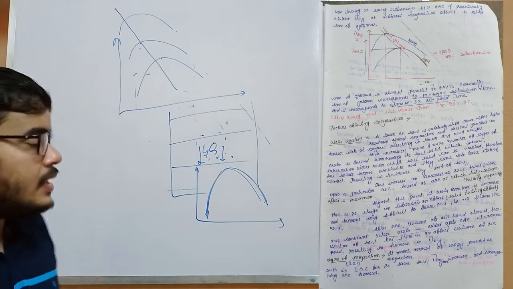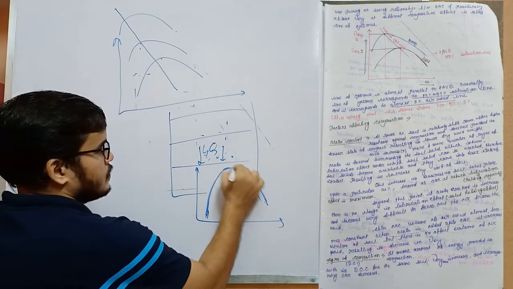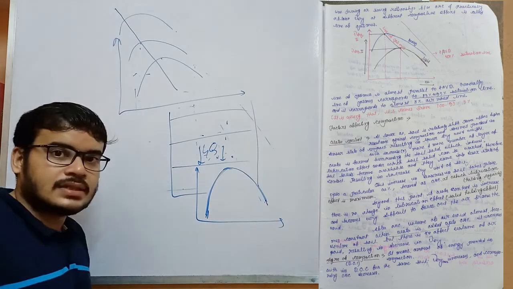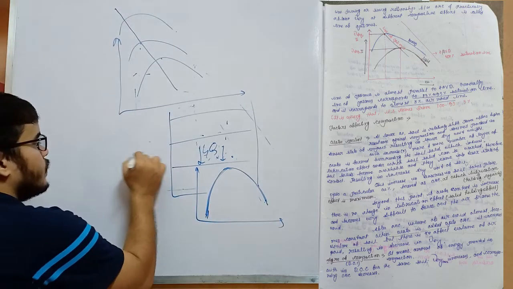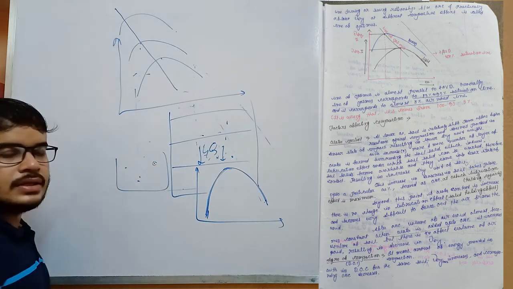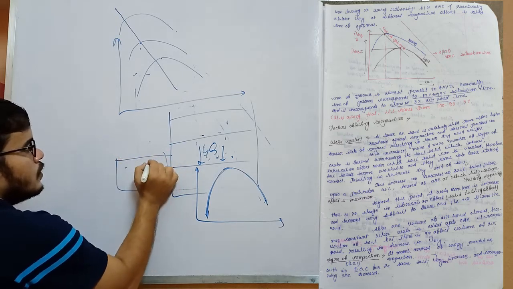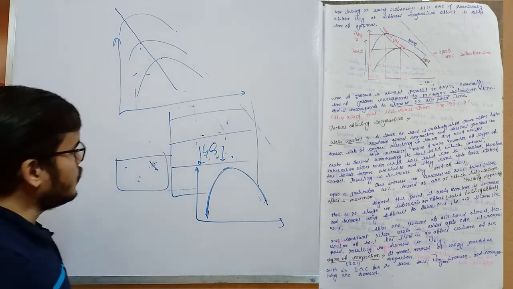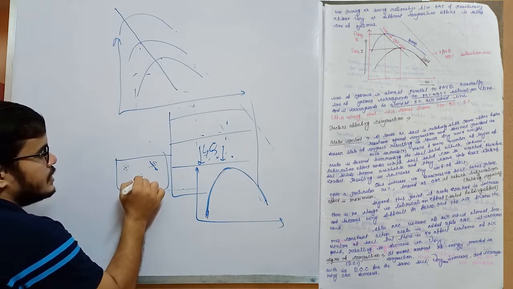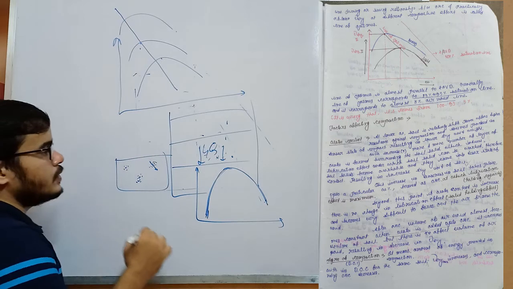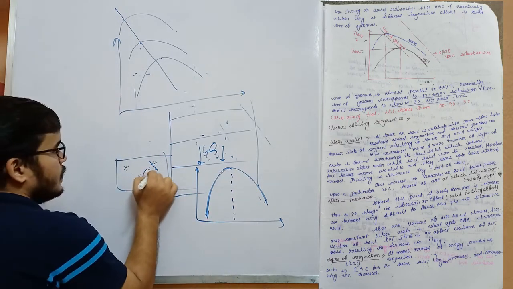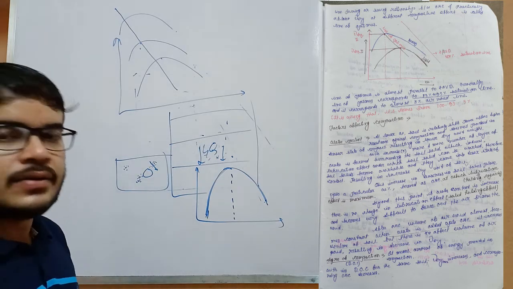Now I think this concept is clear, because as we have discussed earlier, when we start adding water, the water will surround the soil solids, and when we apply load it will help the solids come closer to each other, and the frictional resistance between them will be lesser. But a time will come after OMC, optimum moisture content, when it will be practically impossible to remove the air voids.